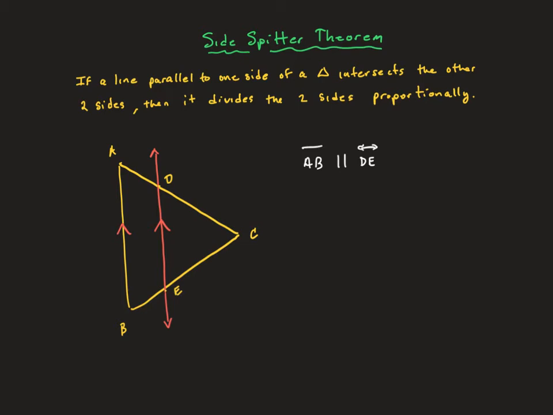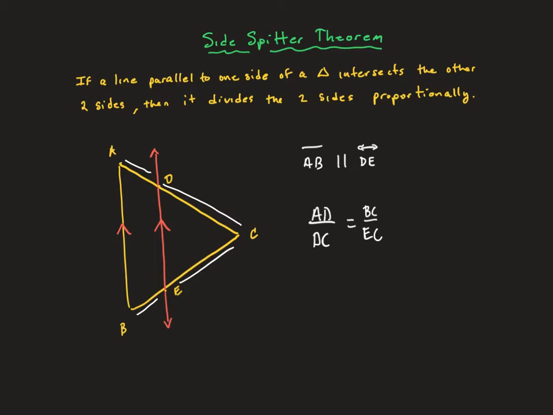And if that's the case, then we know that the ratio AD over DC is going to be proportional to BE over EC. And that is your side splitter theorem.